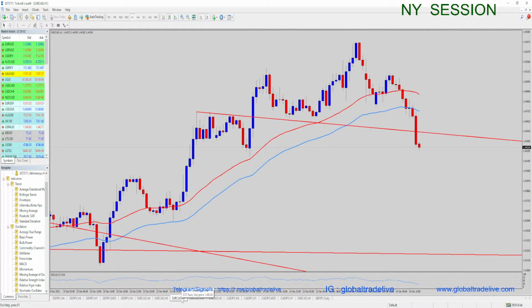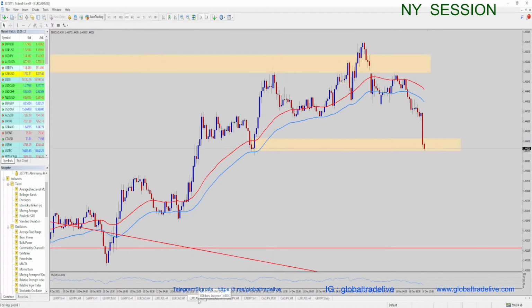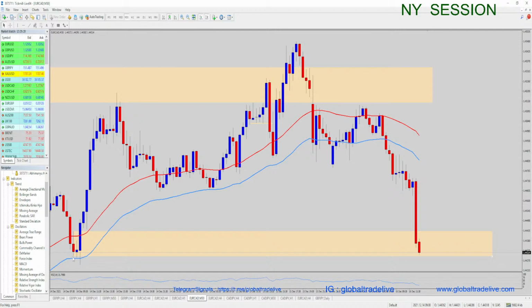Like the 7:30 candle should be moving up, and it also closed under this resistance, so it can move up and then move down. If this candle closes outside the POI, then this POI will become invalid and the trend will become sell for EuroCAD.